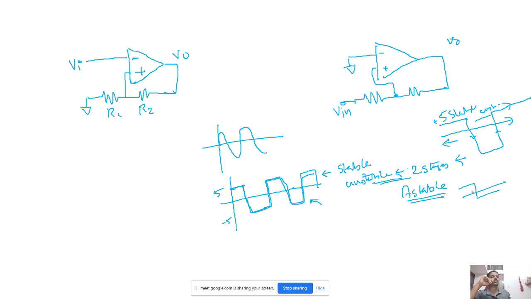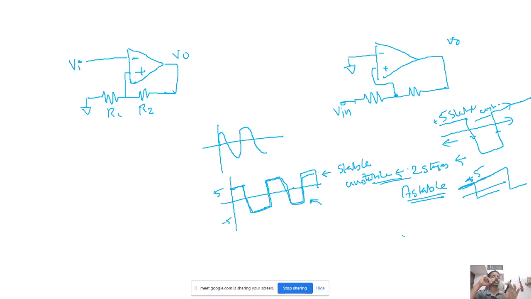If I manually made it plus 5, it will stay in plus 5, unless I give some input again to make it minus 5. Based upon our trigger, whether I give some input such that the output goes to plus 5 or minus 5, it will stay in that state until we give some input to it. So that is bistable.